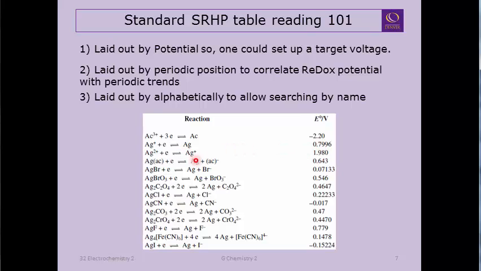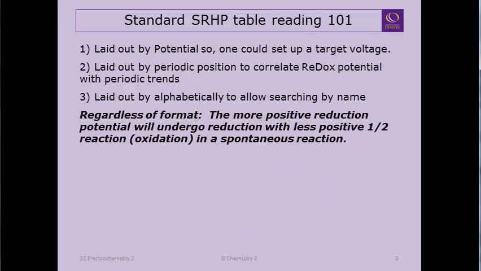So silver 2 plus going to silver would undergo reduction easier than the oxidation of silver to silver plus, just pulling 2 right off this table. So once again, regardless of the format, the more positive reduction potential will undergo reduction, with the less positive half reaction being the one that undergoes oxidation in a spontaneous reaction.